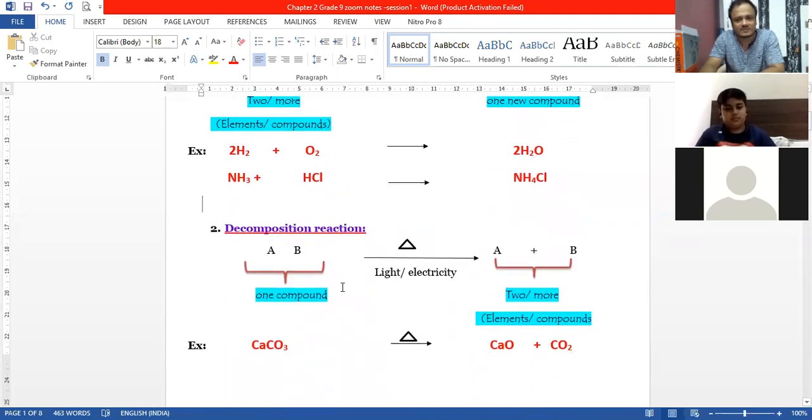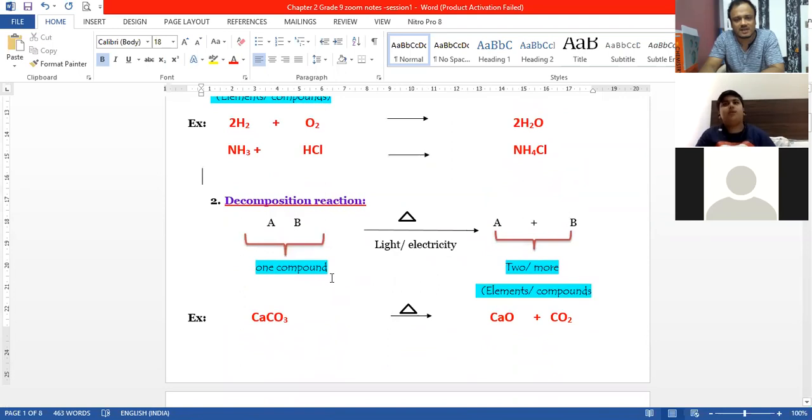The second reaction we have is the decomposition reaction. Decomposition reaction is the opposite of direct combination reaction, wherein we take one compound and that compound breaks into multiple substances. We can take an example of one compound breaking into two or more elements, or one compound breaking into two different compounds. Anything is possible.